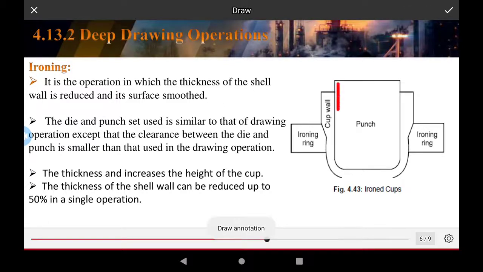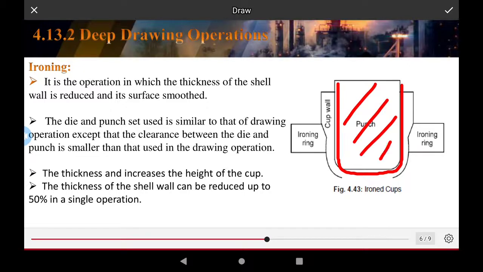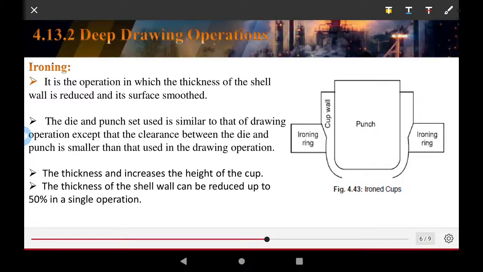This is the punch, in a punching press. The punch applies force, and the metal takes the shape of the cup. The punch is applied on the workpiece, and the metal takes the shape of the punch.